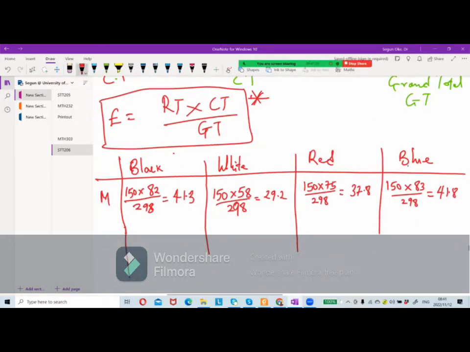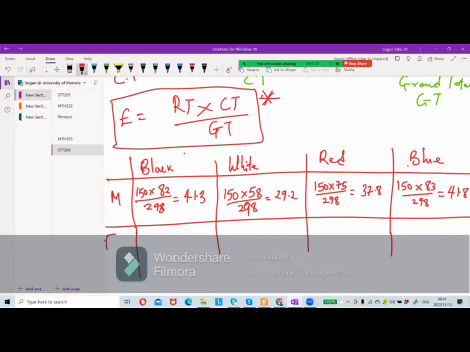So that is for male. We will do the female now. For the female, the row total is 148, multiplied by 82, the same 82, divided by 298. What's the answer?